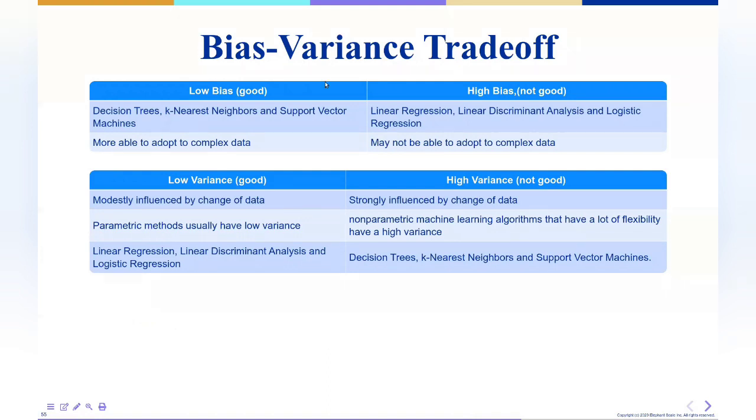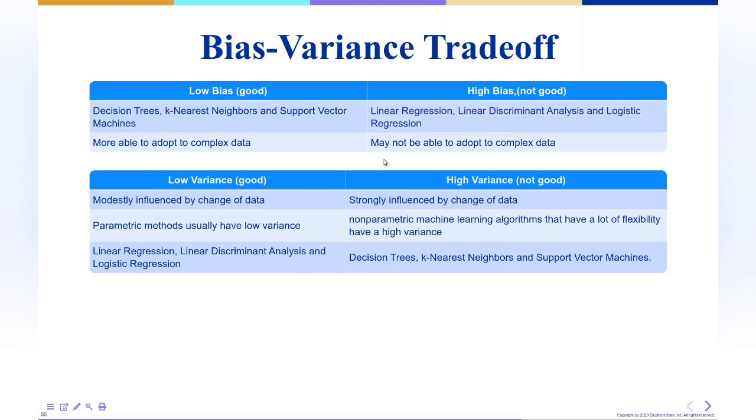Some algorithms make very strong assumptions about your function, for example linear regression and logistic regression, which have strong formulas behind them. So they make very high assumptions. What it means is these models cannot adapt to large, complex data, because the functions are very rigid. They make big assumptions about the function.